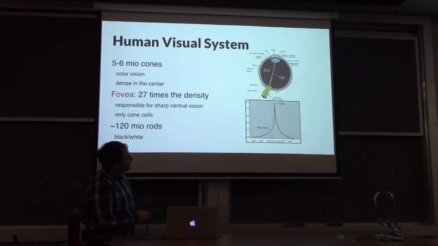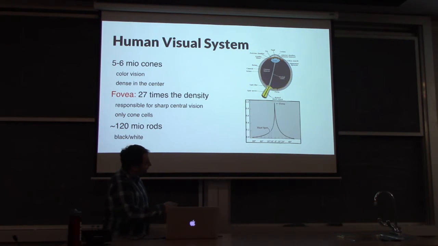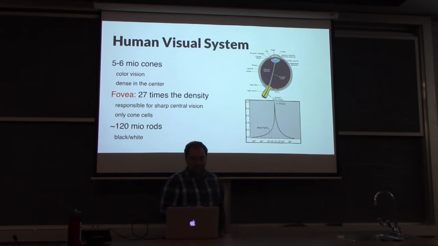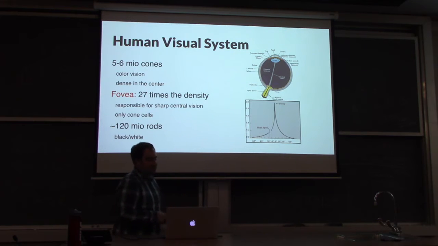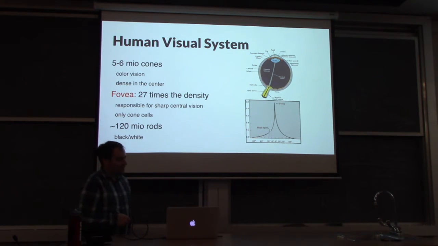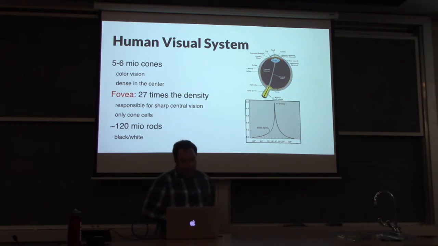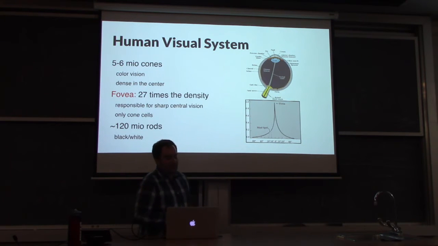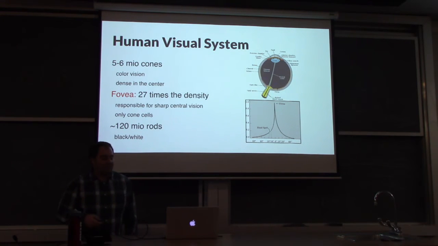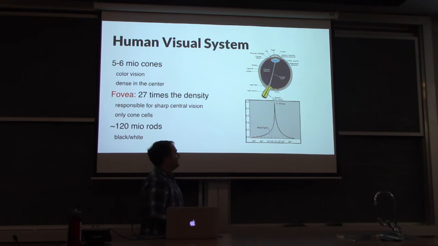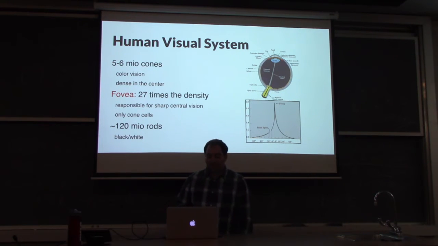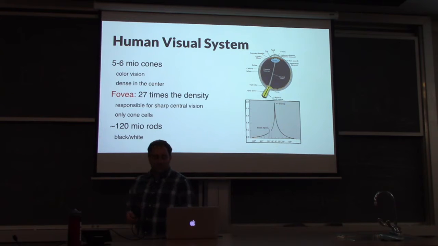Here is a linearized plot of the eye from outside, in the angle from the fovea, and you can see that at the fovea we have the most cones. We have 27 times the density in the fovea. This is responsible for the sharp central vision, and it's done only by cone cells. We have a lot more rods, which are responsible for black and white vision.